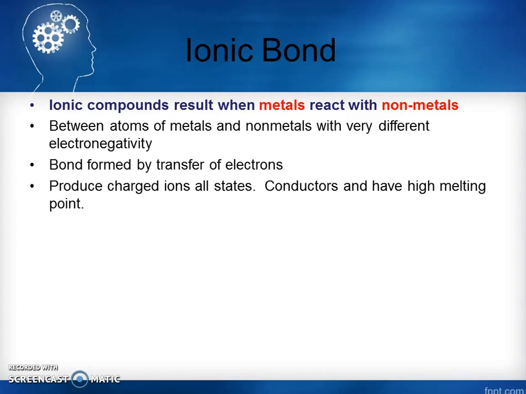When the metals lose electrons, they become positive, and when the nonmetals gain the electrons, they become negative. It's these charged ions that are attracted to each other. Some examples are sodium chloride, calcium chloride, and potassium oxide.